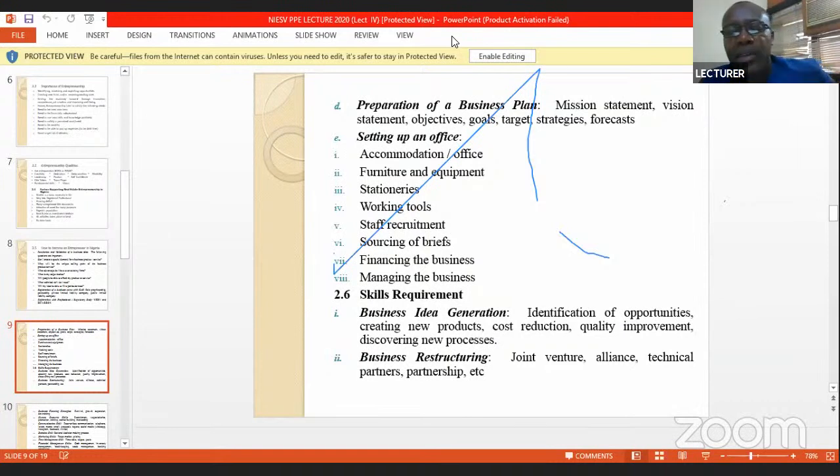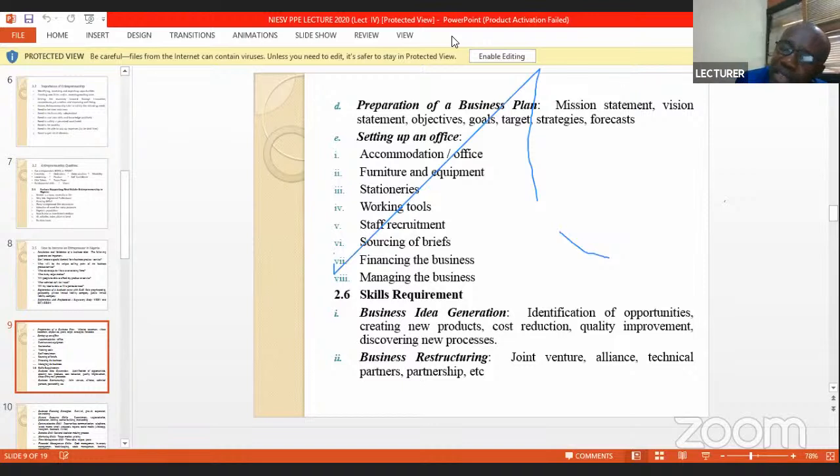The next is managing the business. Whenever we talk about managing the business, managing properties, managing facilities, few things come to my head. They say an estate surveyor and valuer have some management functions.